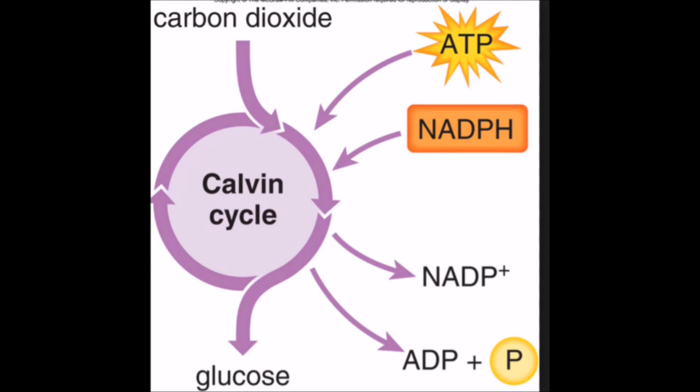So first, for the Calvin cycle, you take the carbon atoms that are in the air and turn them into carbon dioxide, which is the first step.